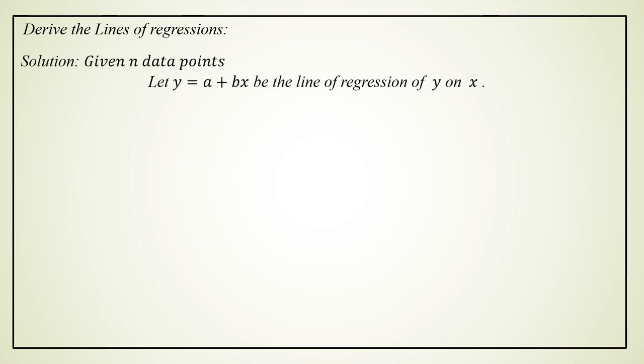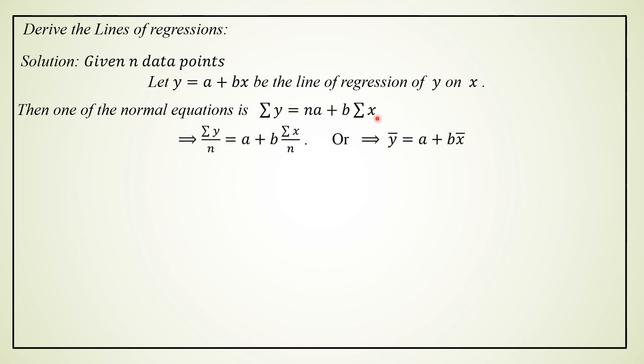Now let us derive the lines of regression when n data points are given. Consider y is equal to a plus bx representing the line of regression of y on x. Then one of the normal equations is summation of y is equal to n into a plus b into summation of x. Let me divide the whole equation by n so that it reduces to summation of y by n is equal to a plus b into summation of x by n.